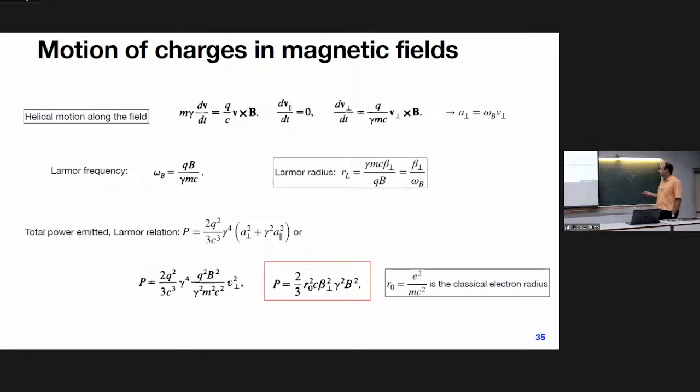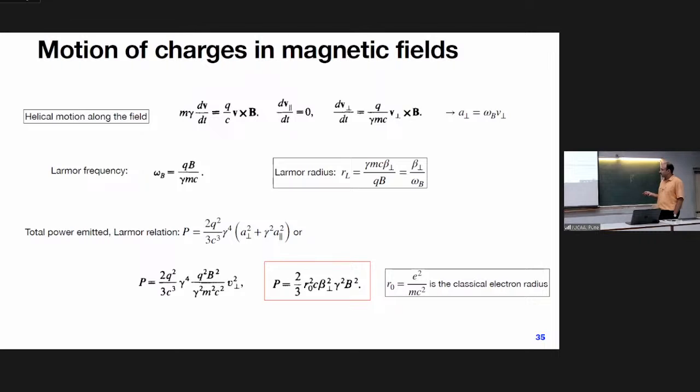If you work out some of the details and use some basic scaling laws, like the classical electron radius e squared by mc squared, you can write the expression of the power being emitted in a very nice compact form. Now let us spend a few brief moments to understand the dependencies of this power formula.